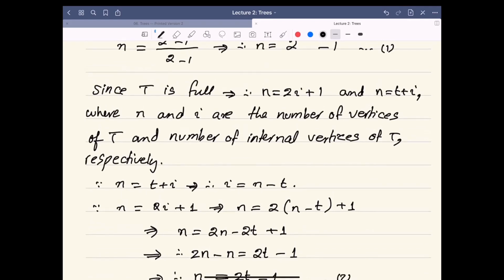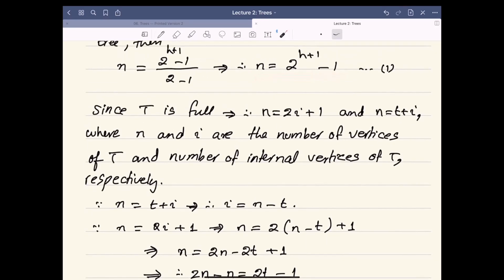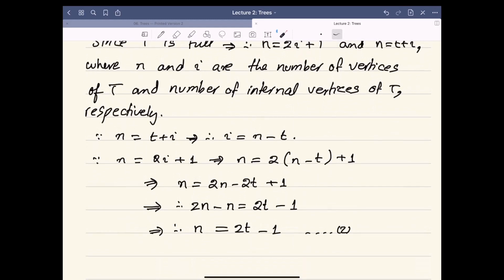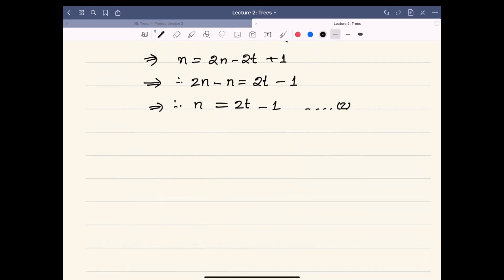If you go back and see what equation number 1 is, this is equation number 1 for n, and this is another equation for n. So we make them equal, from 1 and 2. We say that 2 to the power h plus 1 minus 1 is equal to 2t minus 1.